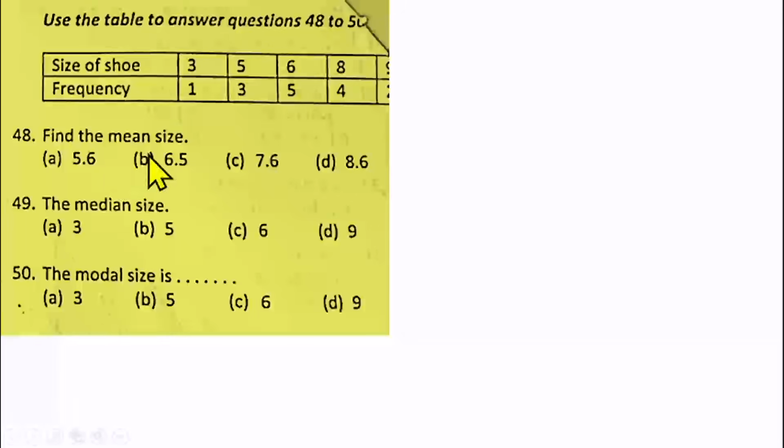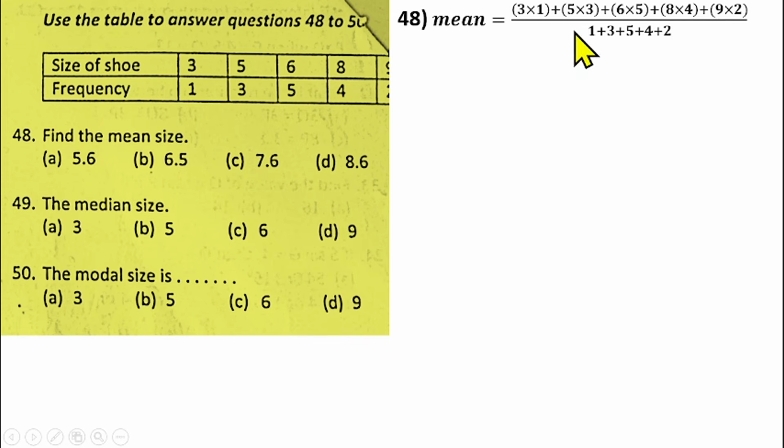Question number 48, 49, and 50 is from the statistics as well, but to use this table, which is a frequency table without class interval, we have to find the mean size. So this is the value, our X, and this is our frequency.